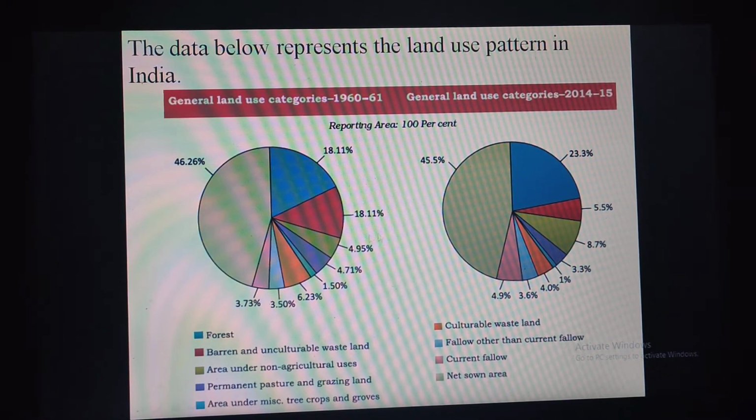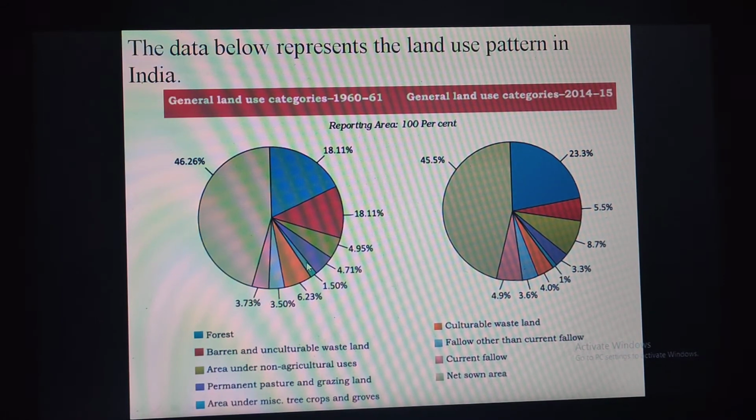Area under non-agricultural uses was 4.95%, which has increased and became 8.7%. Same goes with permanent pasture and grazing land. It was 4.71%, but it has now decreased to 3.3%.